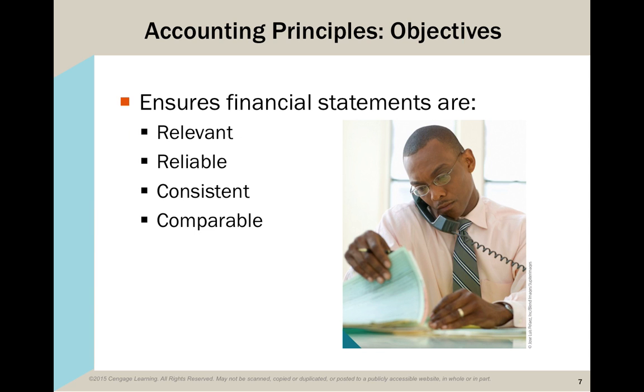Now, the FASB follows the GAAP and sees to it that all financial statements contain information that will help users understand the firm's financial performance and condition. They look at whether it's objective, whether it's accurate, whether the information is verifiable, and whether it's based on the same core assumptions and procedures across time, in other words, is it consistent?